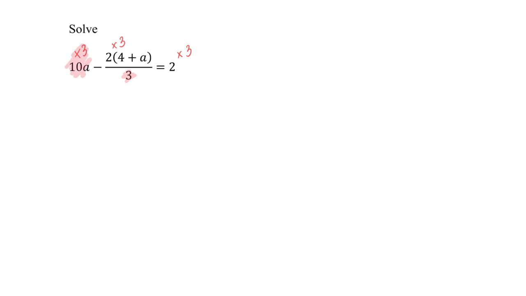I will have 30a here. I still have my minus 2 times 3, but do take note, the 3 and the 3 will divide off, so I'm only left with my 2, 4 plus a.